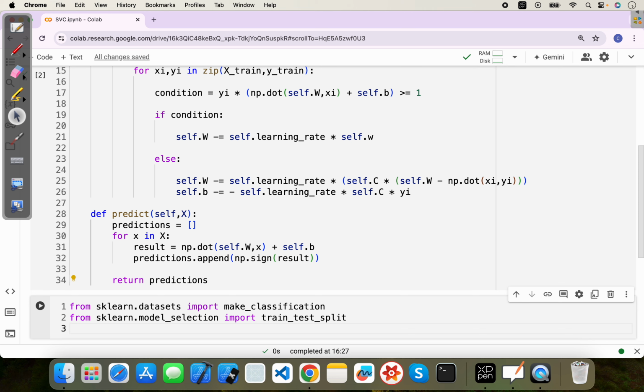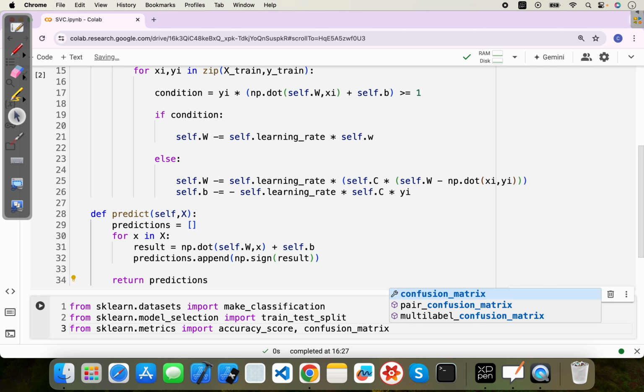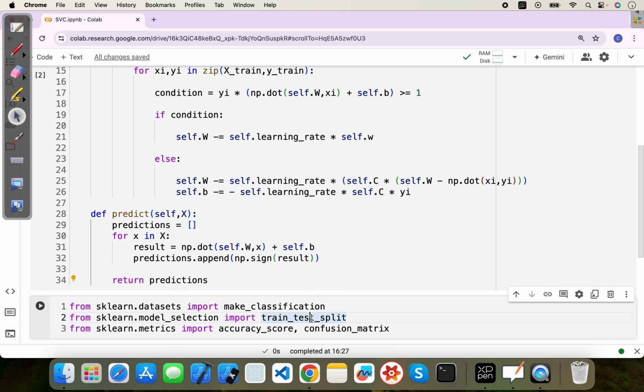Let's import some metrics as well. From sklearn.metrics import accuracy_score and confusion_matrix, right? Okay, so these are a few functions which we would require.